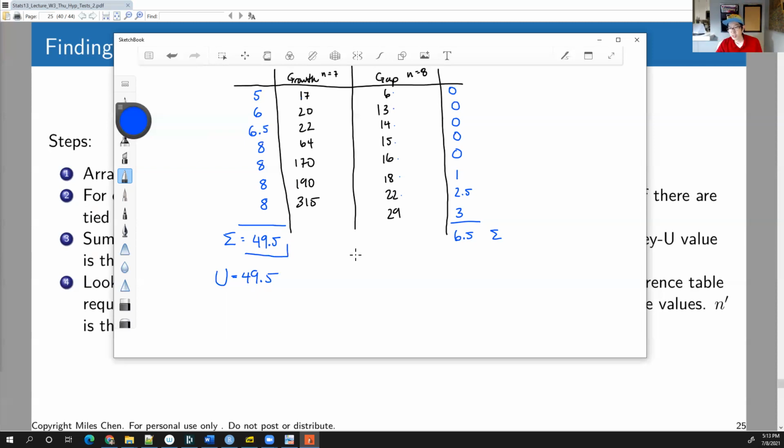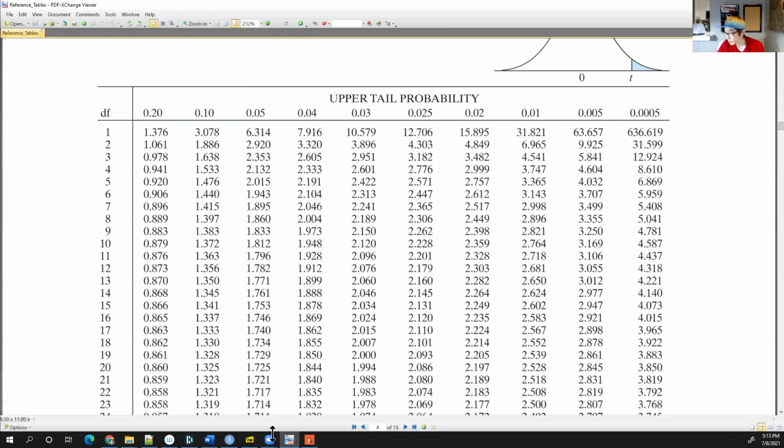Okay, and what we're going to do now is go to our reference table. Our reference table requires that we have an n and an n prime. The n is going to be the larger of the two numbers. We have two n's: a 7 and an 8. So my n is going to be 8, and my n prime is going to be the smaller of the two groups, 7. And we are going to go to our reference table.